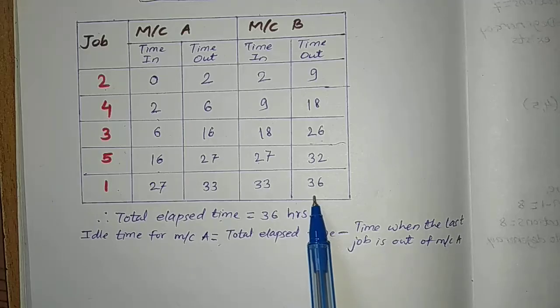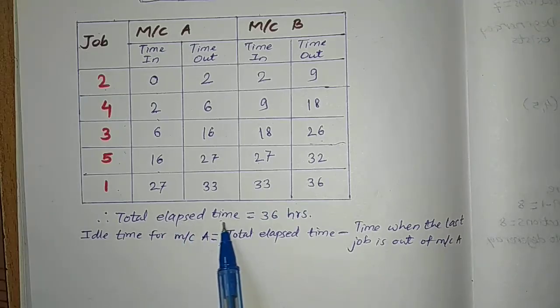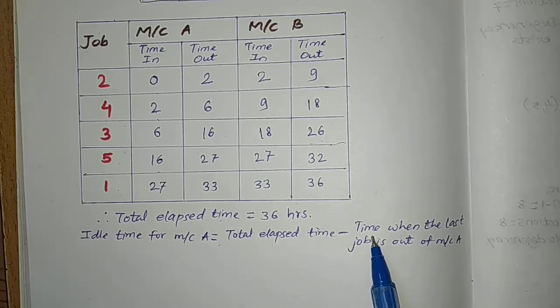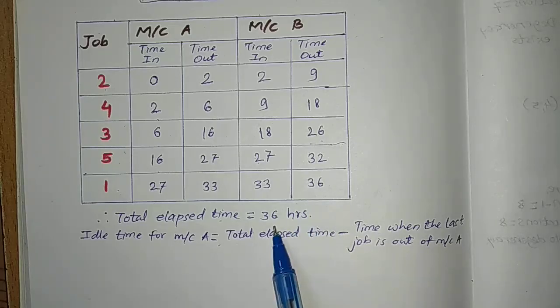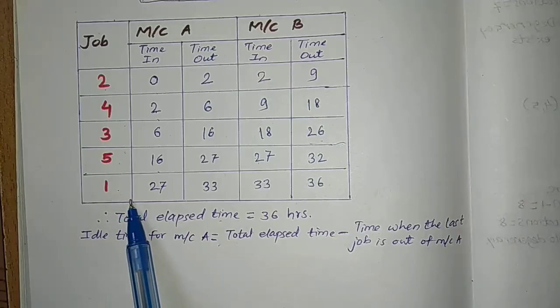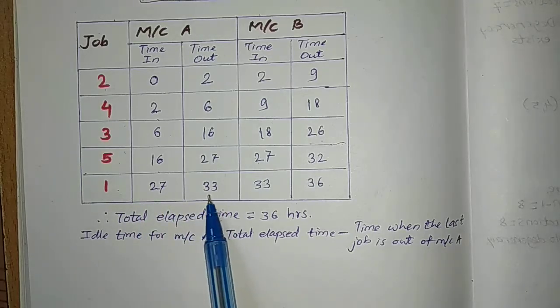So the time required to finish the last job on the last machine is our total elapsed time. Now let us find out the idle time for each machine. The idle time for machine A is calculated as total elapsed time minus the time when the last job is out of machine A. That is 36 hours total elapsed time, minus the time when the last job is out of machine A. The last job is 1, and this job is out of machine A after 33 hours.